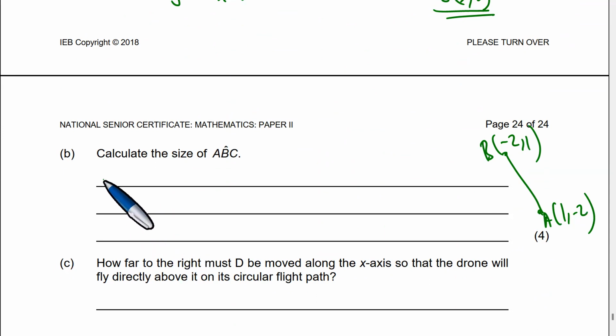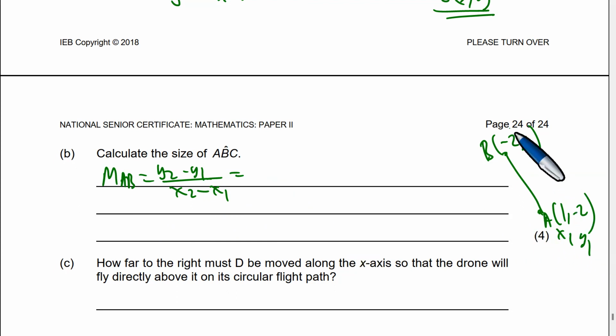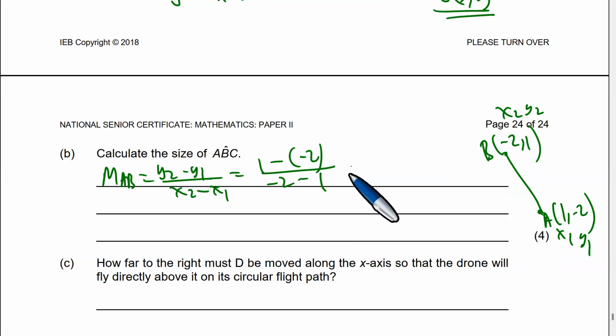So we have the gradient of AB, which is y2 minus y1 over x2 minus x1. This is x1, y1, and this is x2, y2. y2 is 1, y1 is minus 2, divided by x2 which is minus 2, x1 is 1.